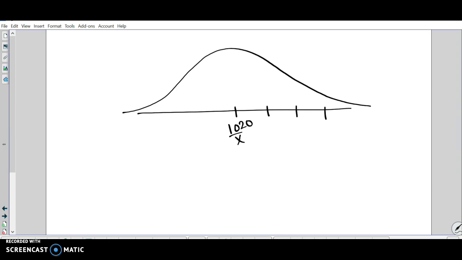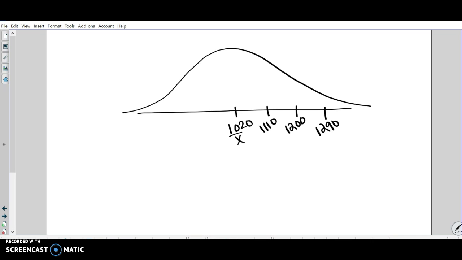So I'm going to take 1020, and add 90, which gives me 1,110. I'm going to keep adding 90. That's 2 standard deviations above. Add 90 again, and that's going to give me 3 standard deviations above.